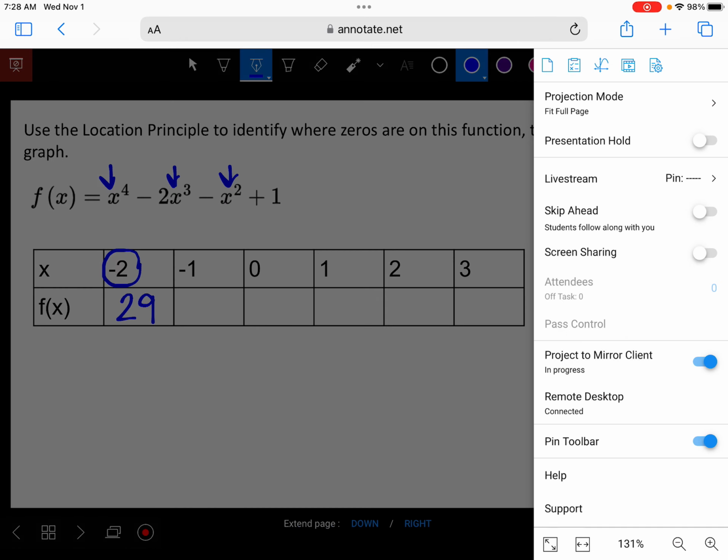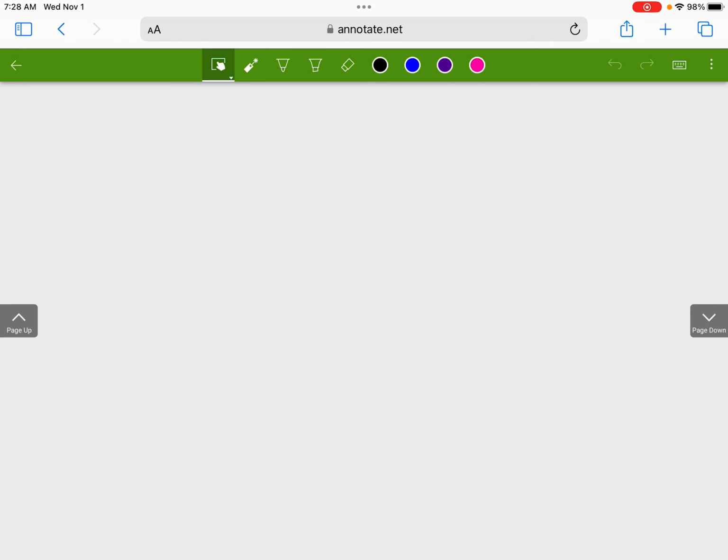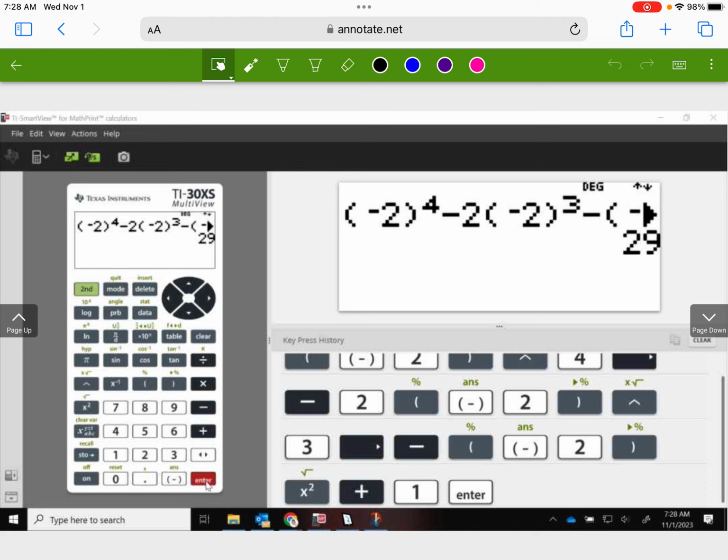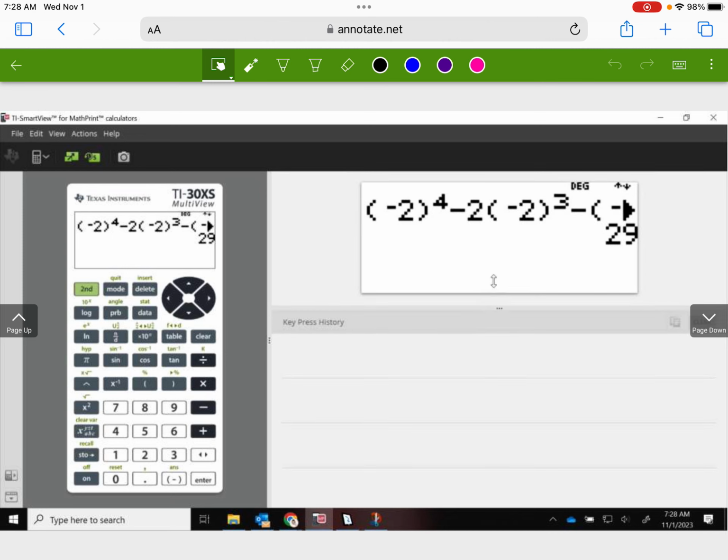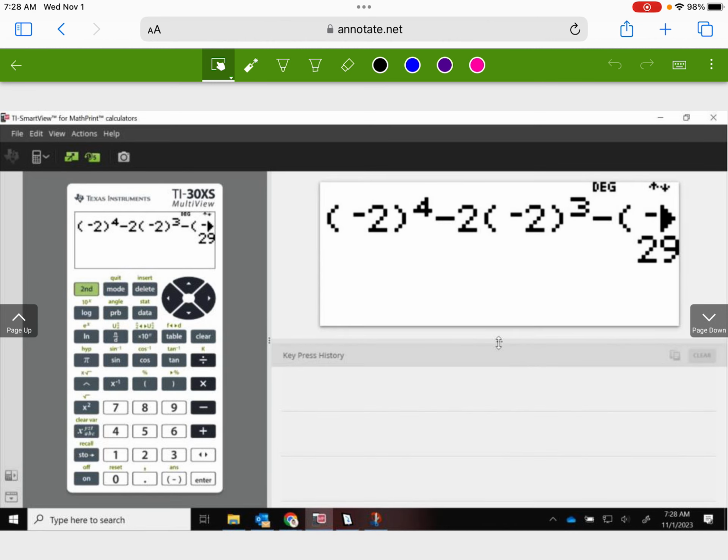So then let's do our -1, and it's the same thing, same equation. I'm going to clear this just because I really don't like where the clear button hits. That is worse. There we go. Put it there.